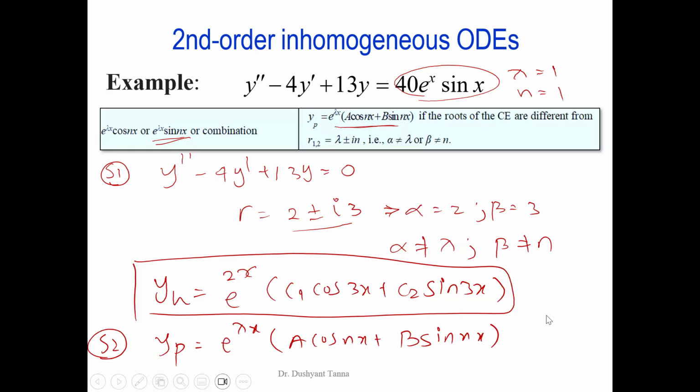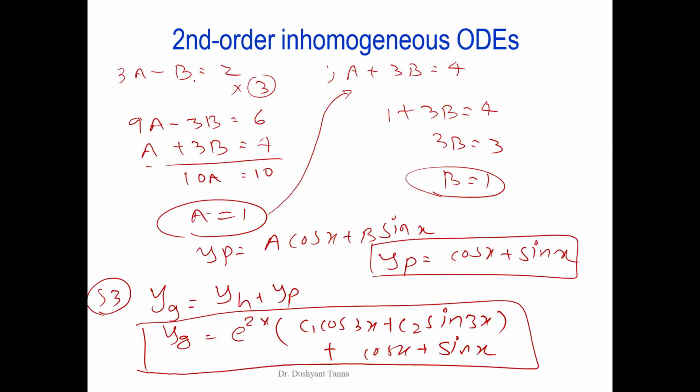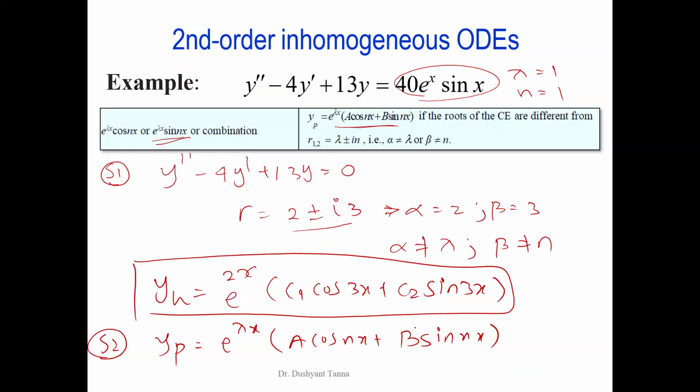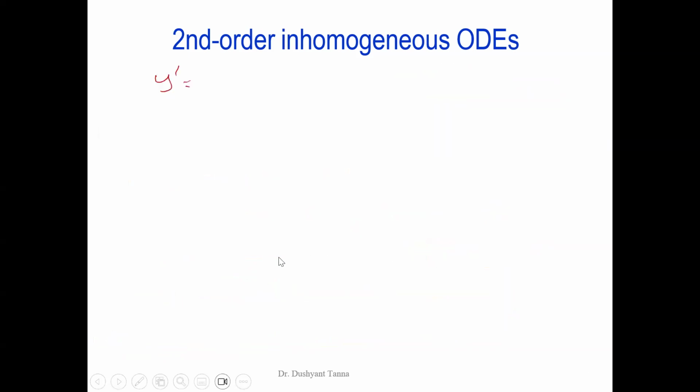Now we need y' and y'' to put in the original equation, right? So y', see, this is a product rule. Y' will be, let's keep the e part as it is.